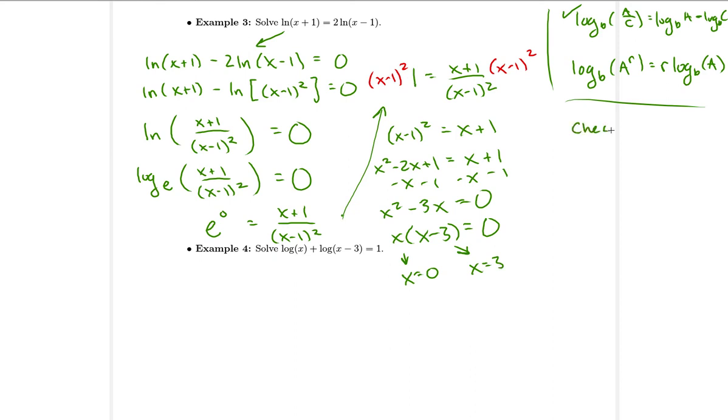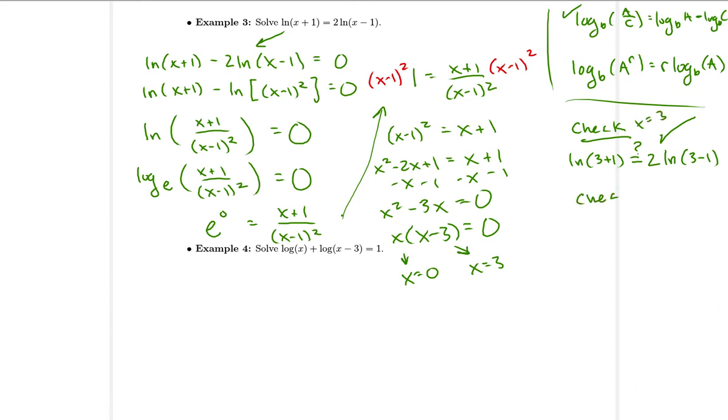Well, when we go to check this, if we plug in 3, we've got positive numbers on both sides. So that's going to check out. So that was checking x equals 3.